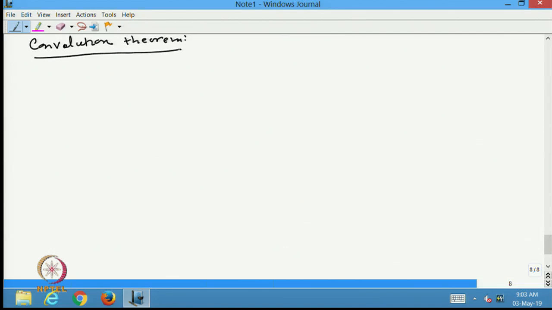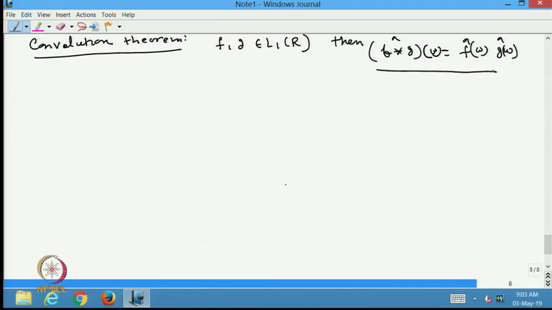What does this theorem say? It says that if f and g belong to L1(R), then the Fourier transform of f star g is the product of the Fourier transforms. This will always be the case. I will prove this statement.